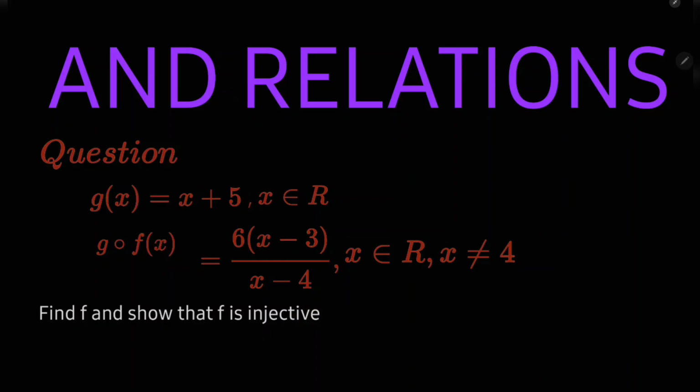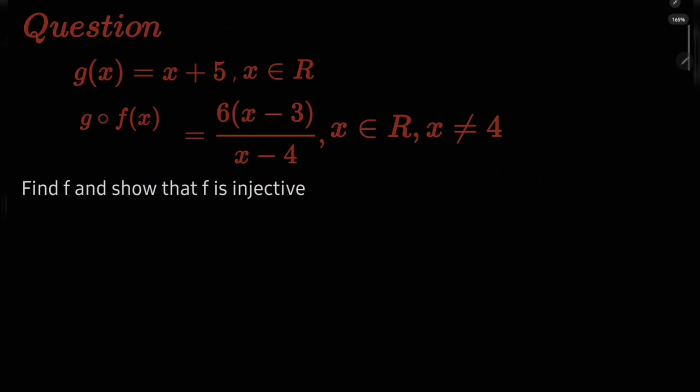Okay guys, here is what we are going to do. We know g of x. We have been given g of f of x. How do we normally find g of f of x? Here we substitute f of x.